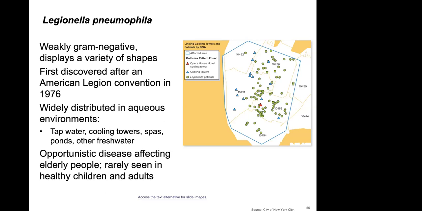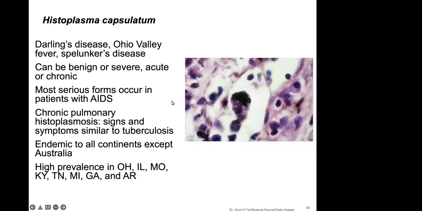It was a hot, humid day in Philadelphia, and there was a lot of moisture buildup within the HVAC system, and it became aerosolized. The American Legion was a group of older men who were drinking and smoking heavily, and it was a perfect scenario. Unfortunately, quite a few of them died as a result of pneumonia, and the hospitals had no idea what was causing it. They eventually identified this particular species in 1976.